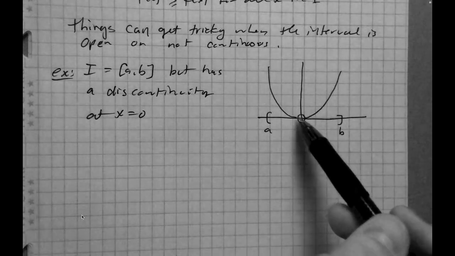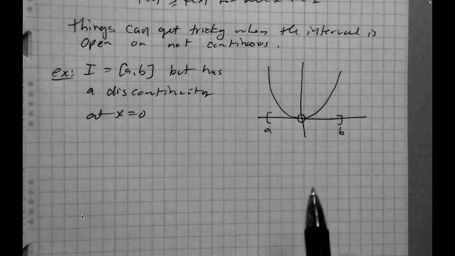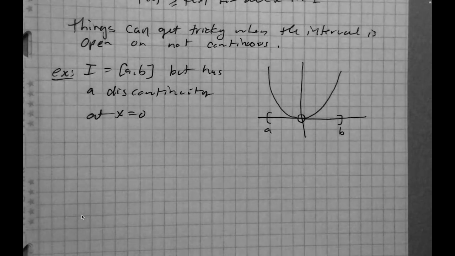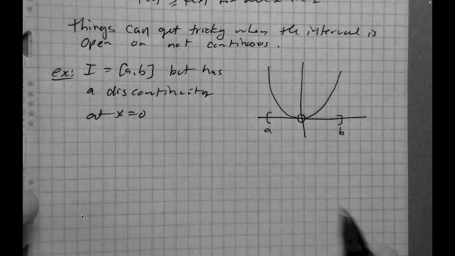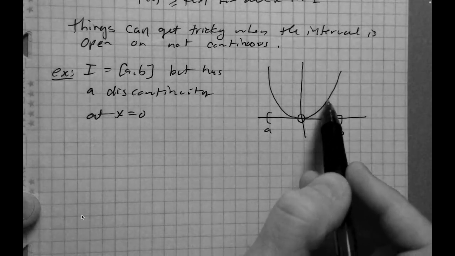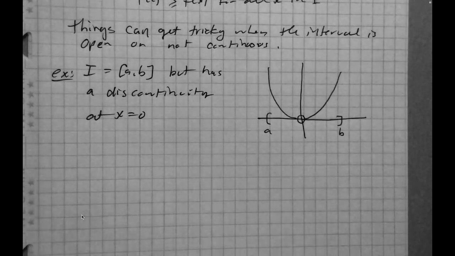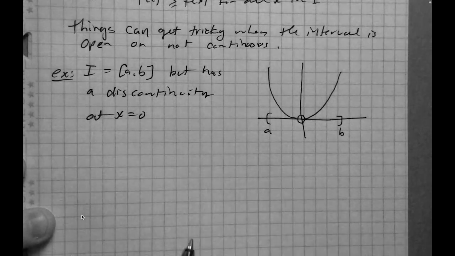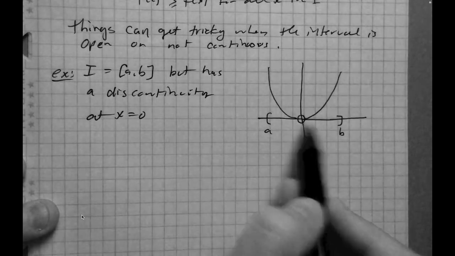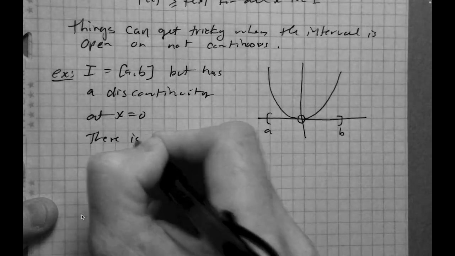Normally we would say, yes, indeed, the minimum would be at x equals 0. But that one point, x equals 0, is not part of the function. So you've got a whole bunch of values that come down and get arbitrarily close to x equals 0, but x equals 0 itself is not included in the function. So in a case like this, even though it may seem unintuitive, there is no minimum on the interval I equals a to b.